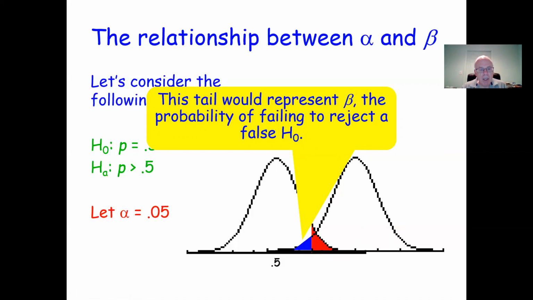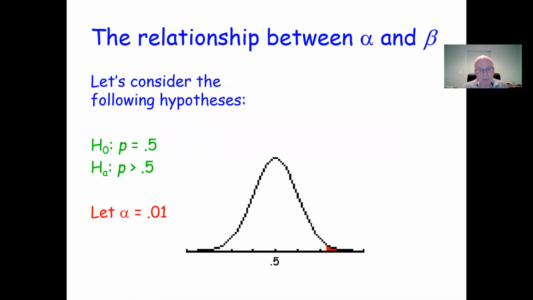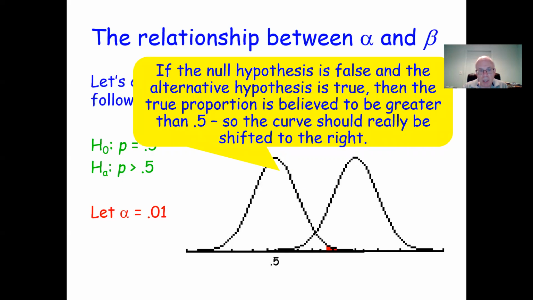Now, here's the deal. Suppose we changed alpha to 0.01. So there's a smaller chance of a type 1 error here. But let's see what happens with the type 2 error. Well, again, type 2 error assumes that the population proportion is greater than 0.5, so it would be the second curve here.